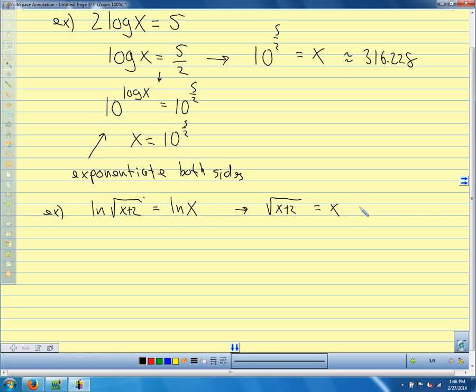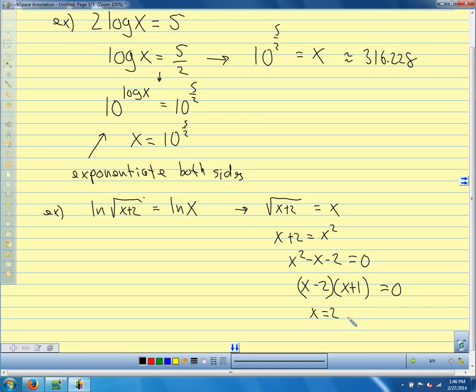And now how do we go about solving this? Square both sides. So x plus 2 equals x squared. Rewrite this as x squared minus x minus 2 equals 0. Now we can factor. This is going to factor to, is it x minus 2 and x plus 1, equals 0.